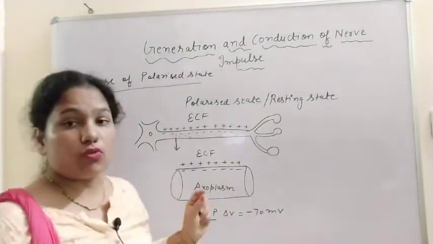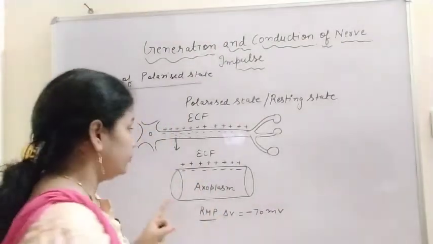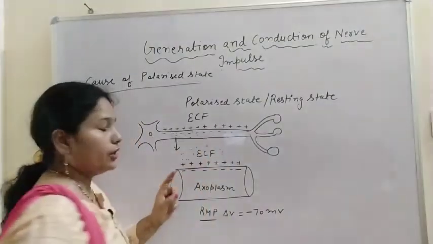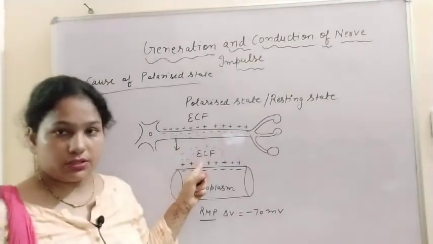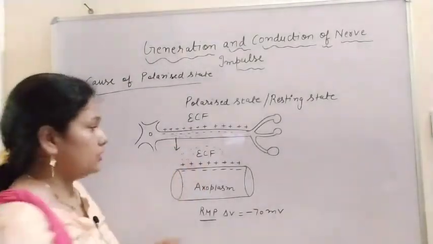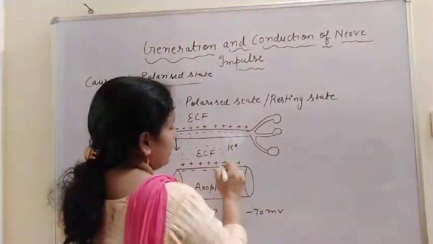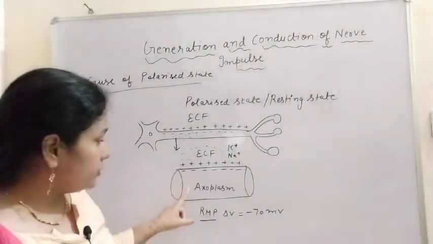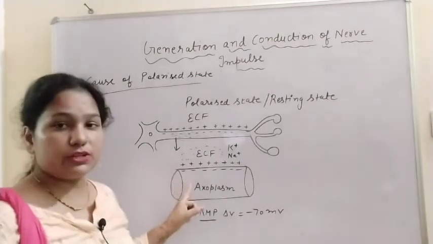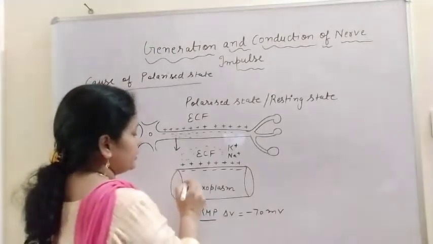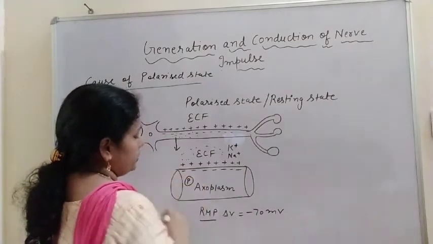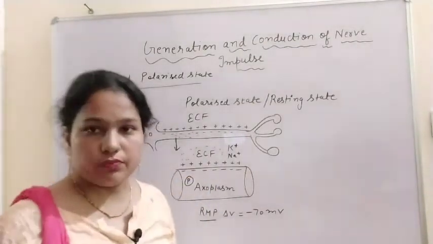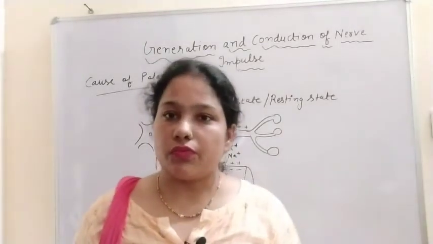The first cause is that in the extracellular fluid the positive ions are present outside, like potassium ion and sodium ion, and inside the axoplasm the negative charges are more, and the negative charges are generally the proteins, because these proteins are made up of amino acids, and amino acids are different.